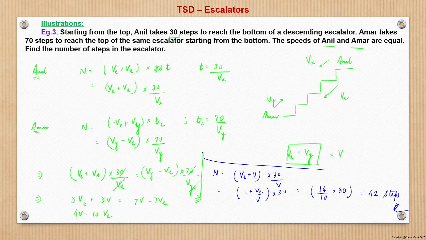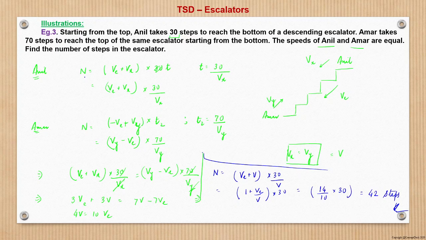So nothing serious or difficult we did. We had been given two scenarios, wherein in the first scenario Anil is walking down a descending escalator, and in the second scenario Amar is moving up a descending escalator, and we know that the number of steps on the escalator remains same.